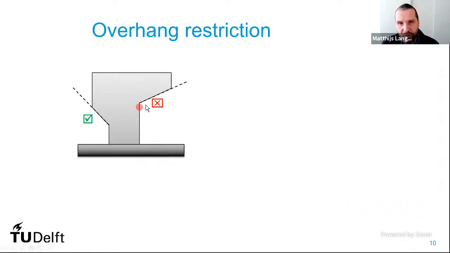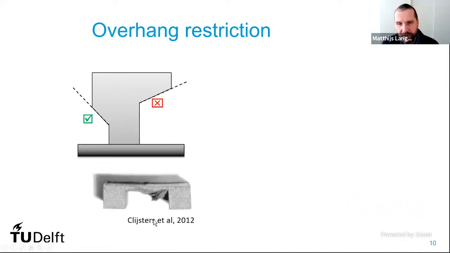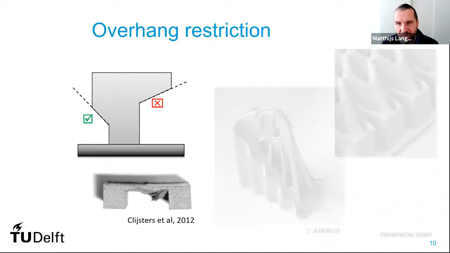But if it is a more shallow angle, then in order to print this properly, you have to add support material in order to not get defects, such as you can see here in this test example of a horizontal overhang, where the material, while being heated by the laser spot, essentially has sagged through the powder in the powder bed and creates these kind of not so nice results.